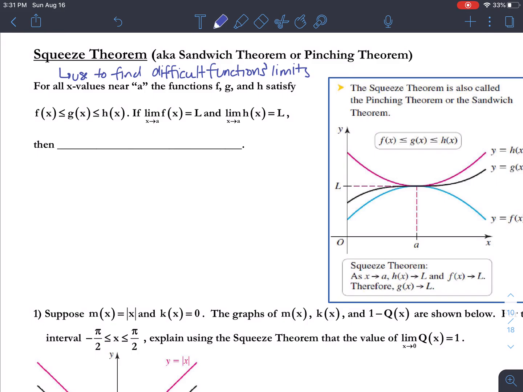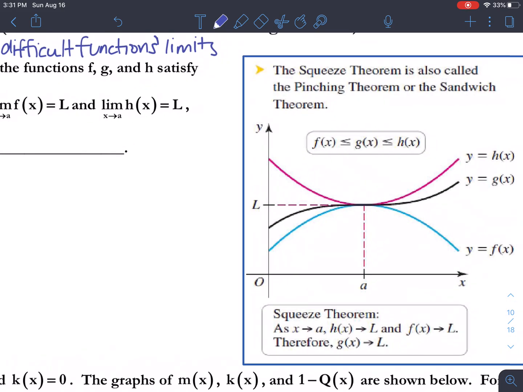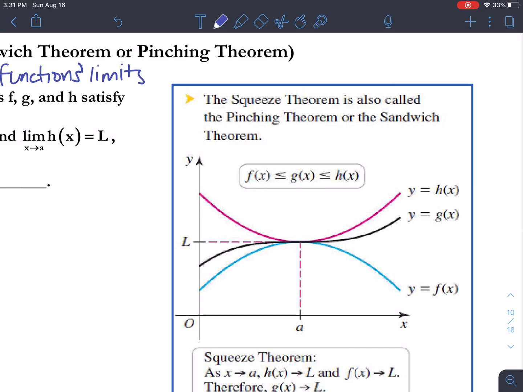So it all goes off of this picture on the right here. We have this function h of x, which is above. We have a function f of x, which is below. And then we have this function that's in between. Specifically, we're going to call it g of x here. And we notice it's in between everywhere, especially right at a. It's exactly in between.